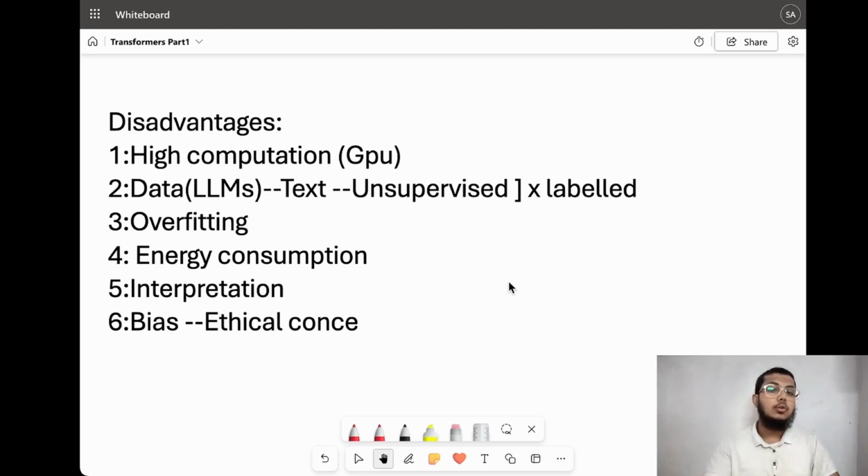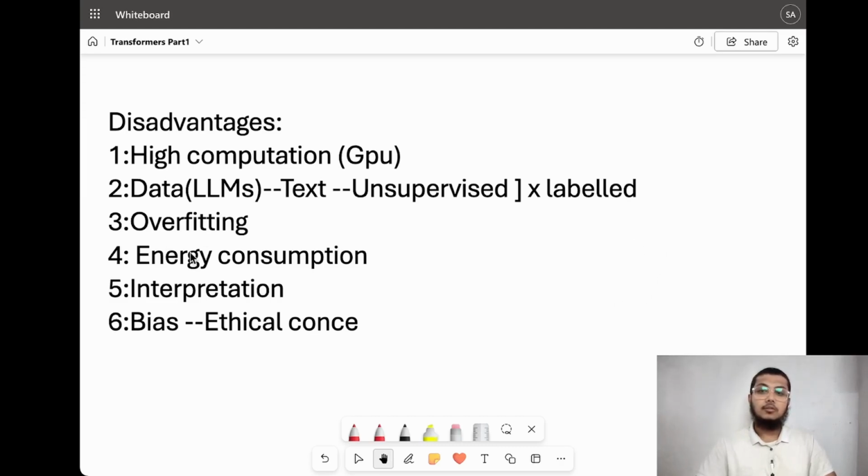But let's say you are working on a problem of a very specific domain, and you have to implement a transformer there, then you will need a lot of data to make sure that your transformer is trained properly, because it's all about data, but not any data. Just like any other model, here also there is a risk of overfitting, since there are a lot of parameters involved. If there is no variety in the data, then the chance of overfitting is very strong here as well.